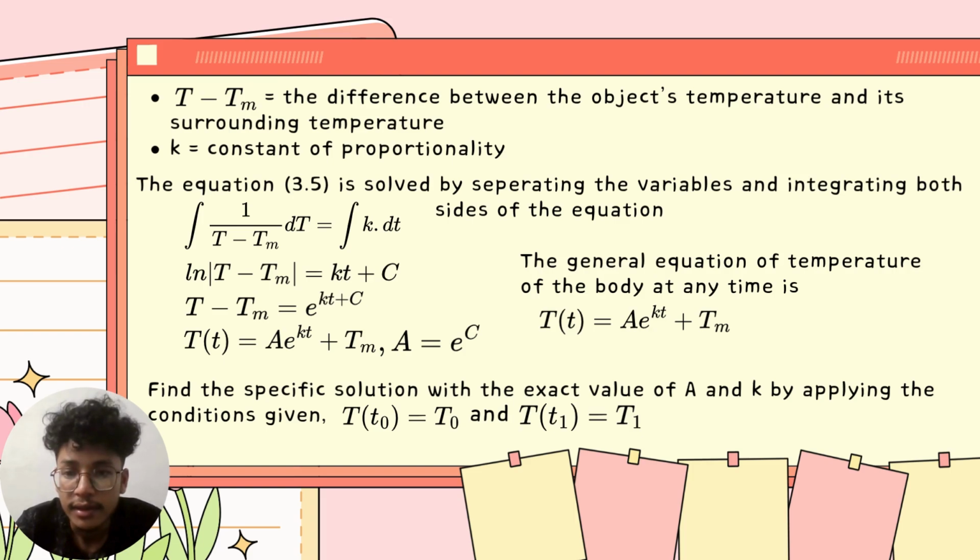The equation 3.5 is solved by separating the variables and integrating both sides of the equation.